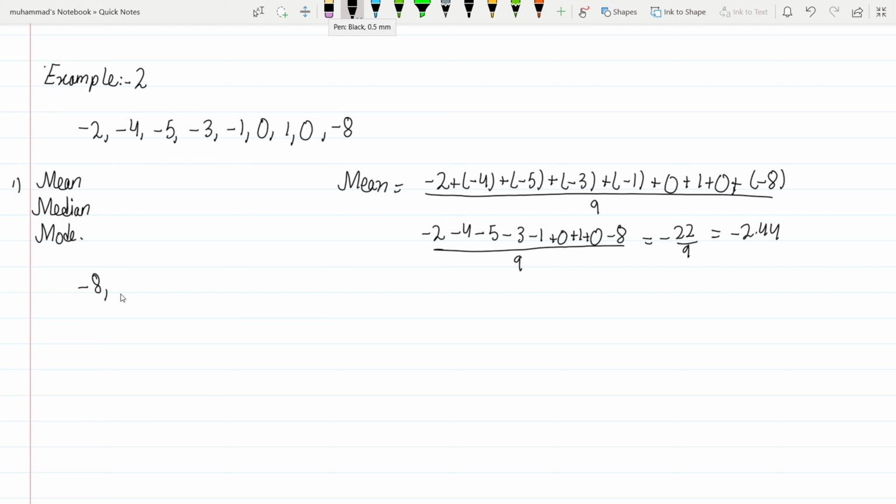After -8 you have to write -5, then -4, -3, -2, -1, 0, 0, 1 and 1. 1 2 3 4 5 6 7 8 9.